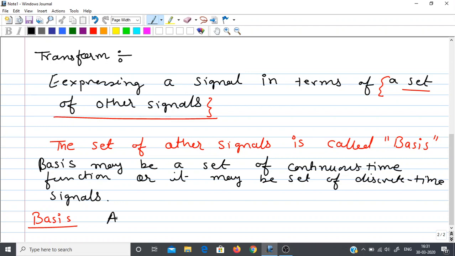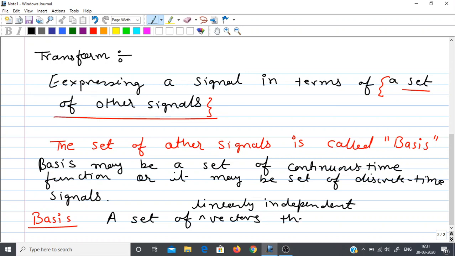Basis is a set of vectors, or I can say a set of linearly independent vectors that span the given space.